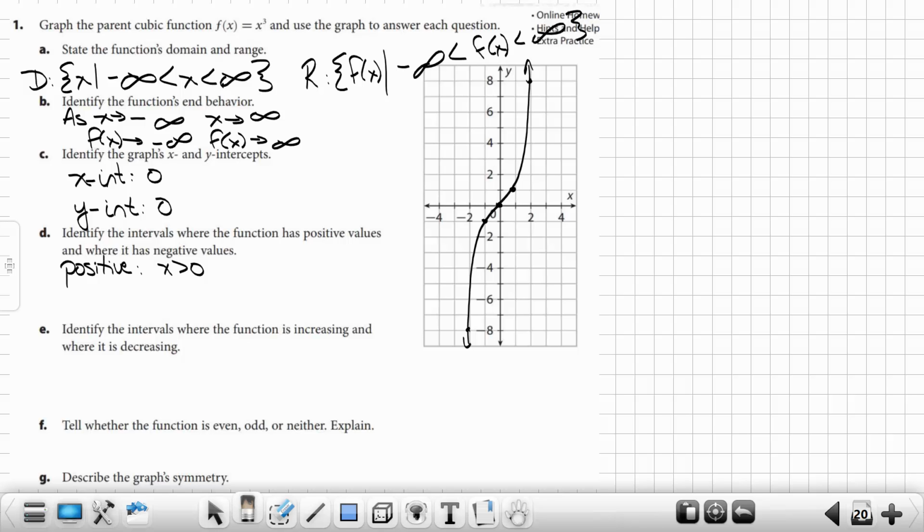So once I pass 0, everything on this side of the x-axis, my function's positive. I'm going to circle it and identify the interval that is positive. That's the entire place. When is that? When x is past 0. When is it negative? On that side, or x is less than 0.